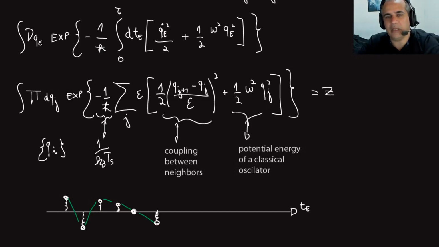All of that in equilibrium with a temperature, this temperature here, right? Which is again an analogy between two very different systems, which are related to each other by this Wick rotation.